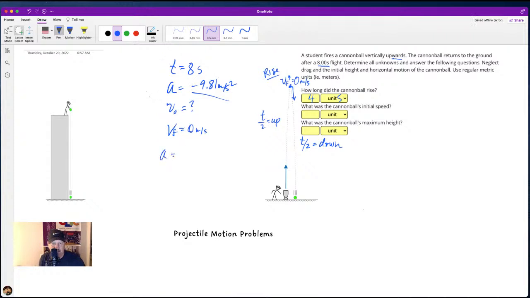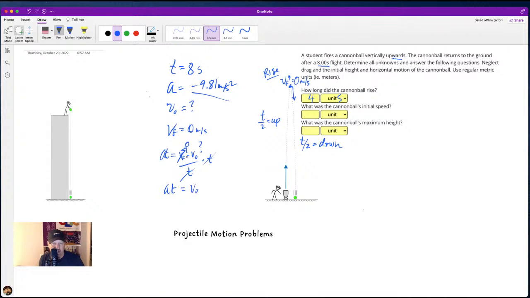A equals V final minus V initial divided by t. So V final is 0, so this whole thing goes away. V initial is our question mark. If we multiply both sides by t, the t's cancel, so a t equals V initial.